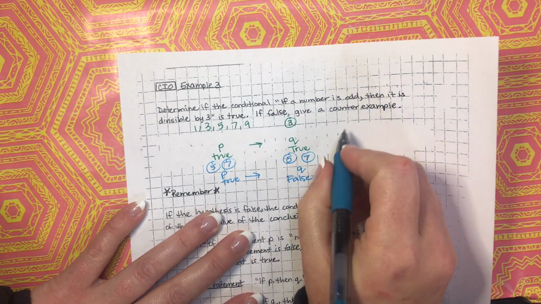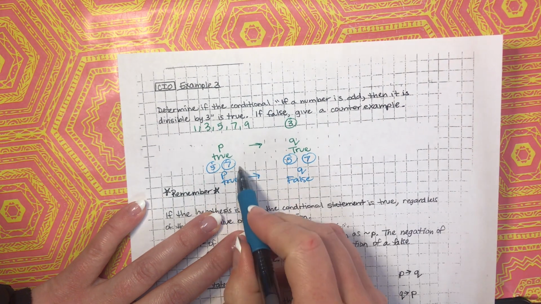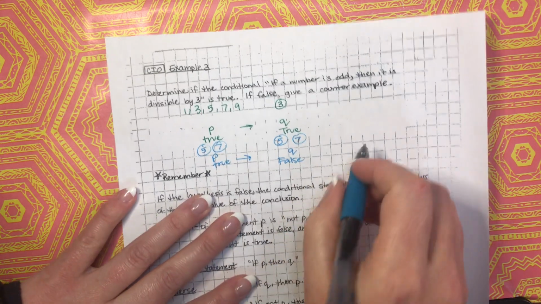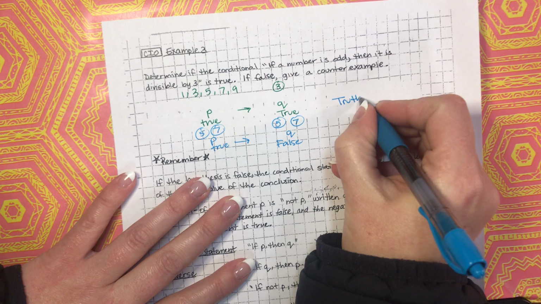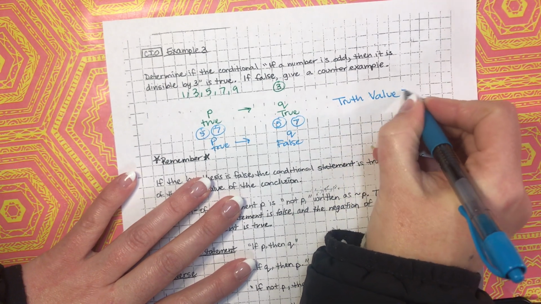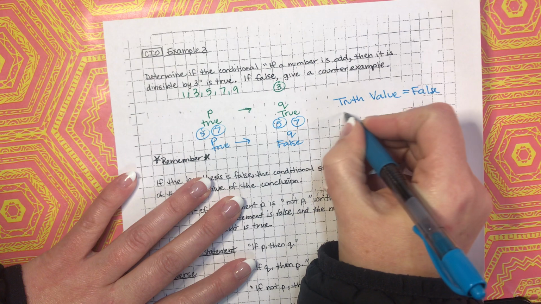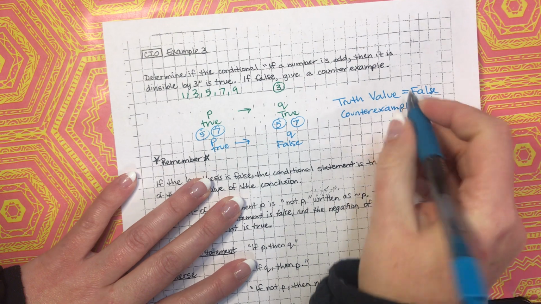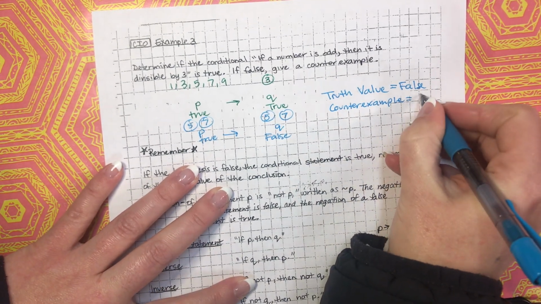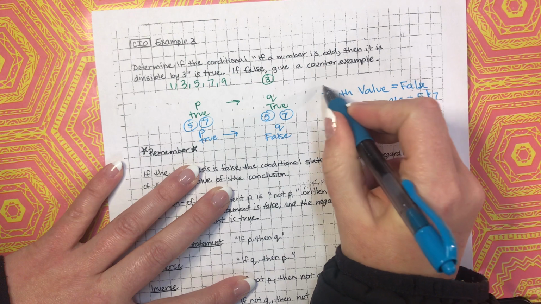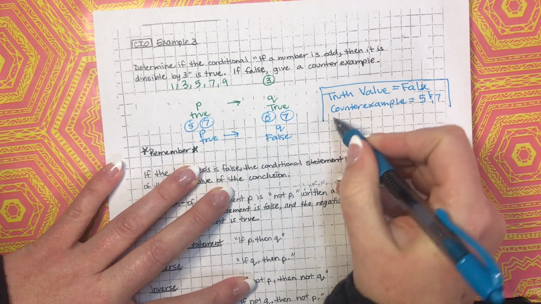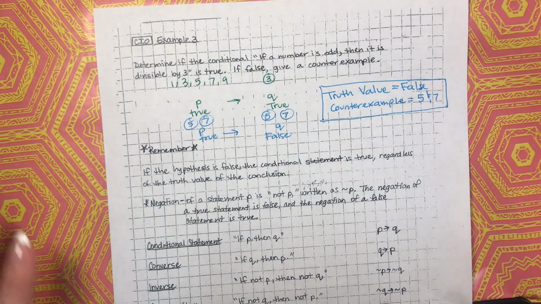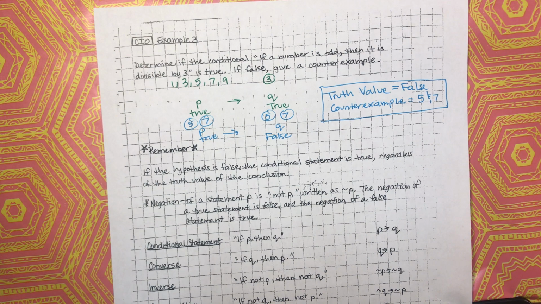The truth value of this one is false because the hypothesis is true and the conclusion is false. So therefore, the truth value equals false, and our counterexample is 5 and 7. All right, that is it for example 3. We'll see you in a little bit for example 4.